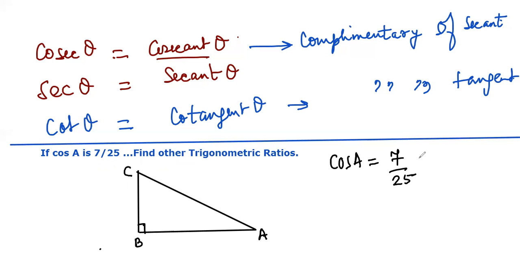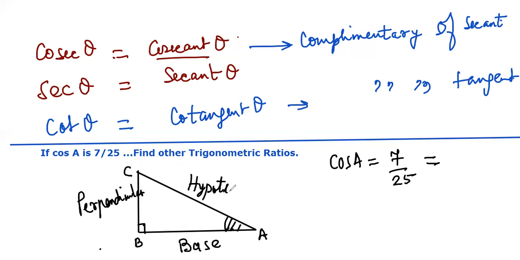Since it's a ratio, if I consider this angle to be A, that means this becomes my base, and this becomes my perpendicular with respect to A, and this is your hypotenuse, right children?